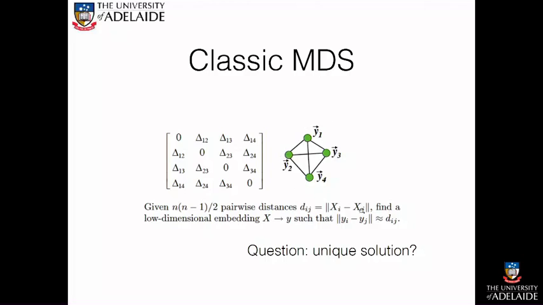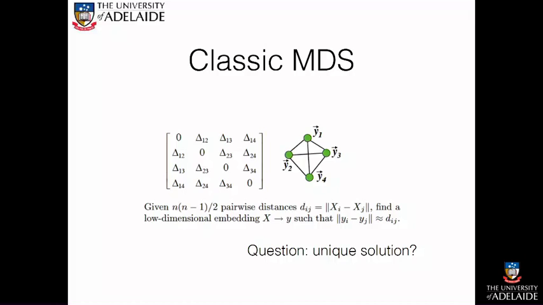And we want to find a low dimension embedding space, a low dimension manifold, from X to Y, such that in the low dimension space, the distance is almost the same as the original distance. In other words, given a bunch of data, we want to project each data point into a low dimension space, and in that space, the pairwise distances are preserved, approximately, of course.